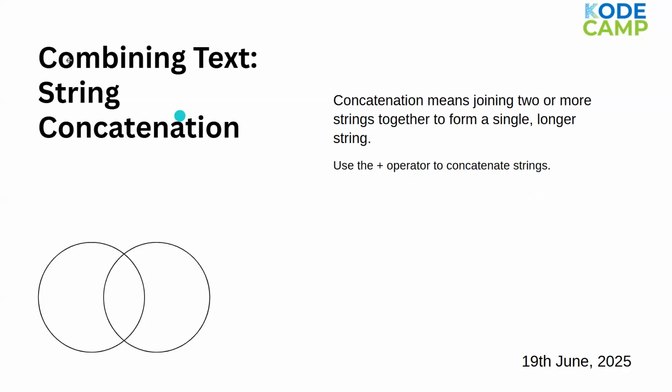So for now, just know that combining two strings or two variables together is known as string concatenation, and the plus operator is used in doing that. Not minus, not division, not multiplication. It's plus that is used in doing that. Okay.